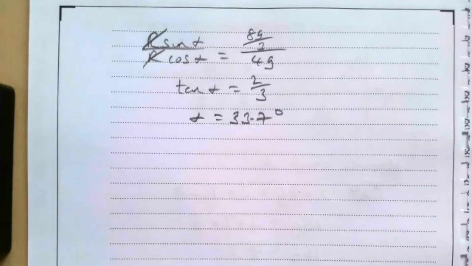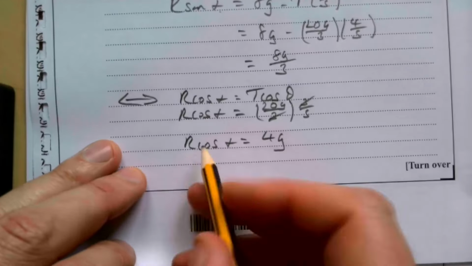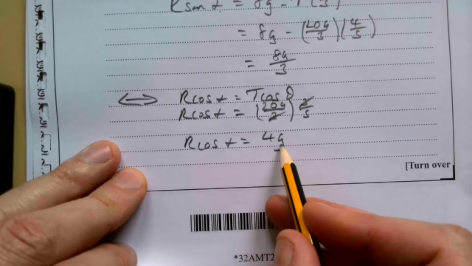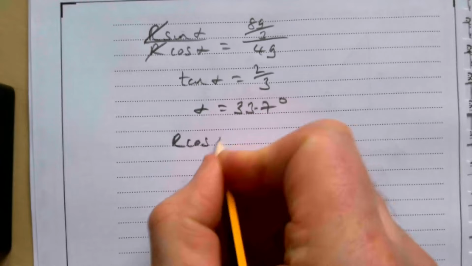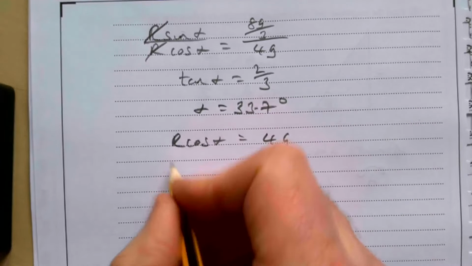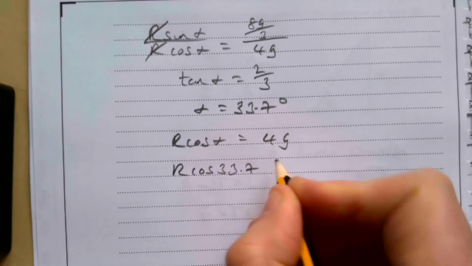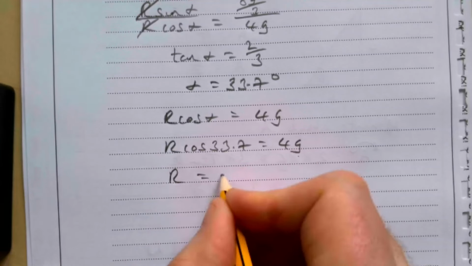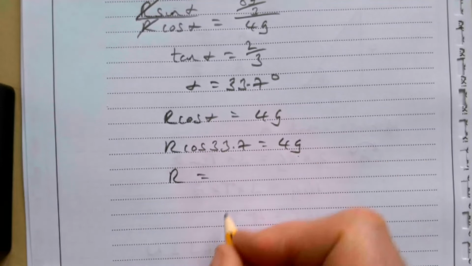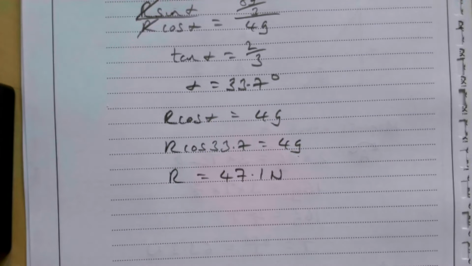If we then put that back into one of our two equations, for example R cos alpha equals 4g, we can work out our R. So R cos 33.7 equals 4g, and if you put it into your calculator and divide by cos 33.7, we get 47.1 newtons.